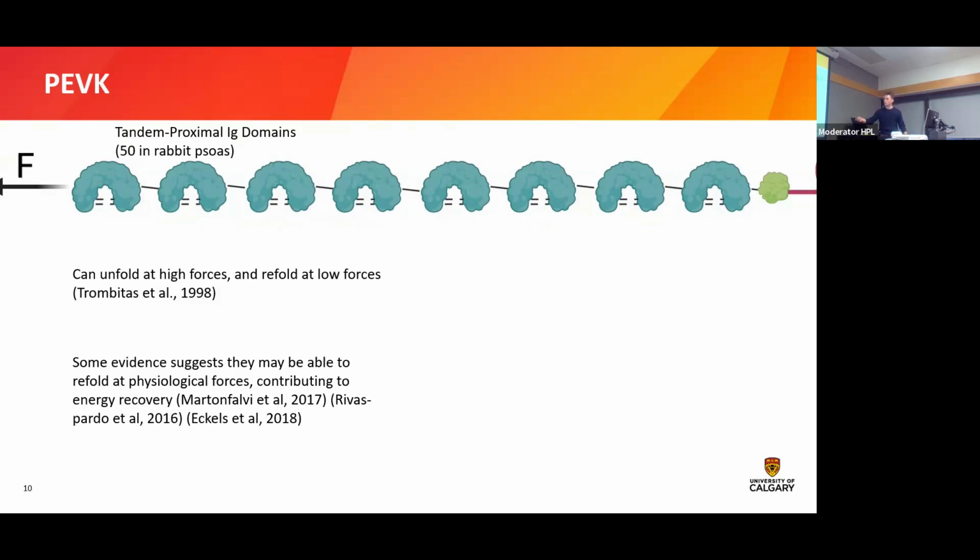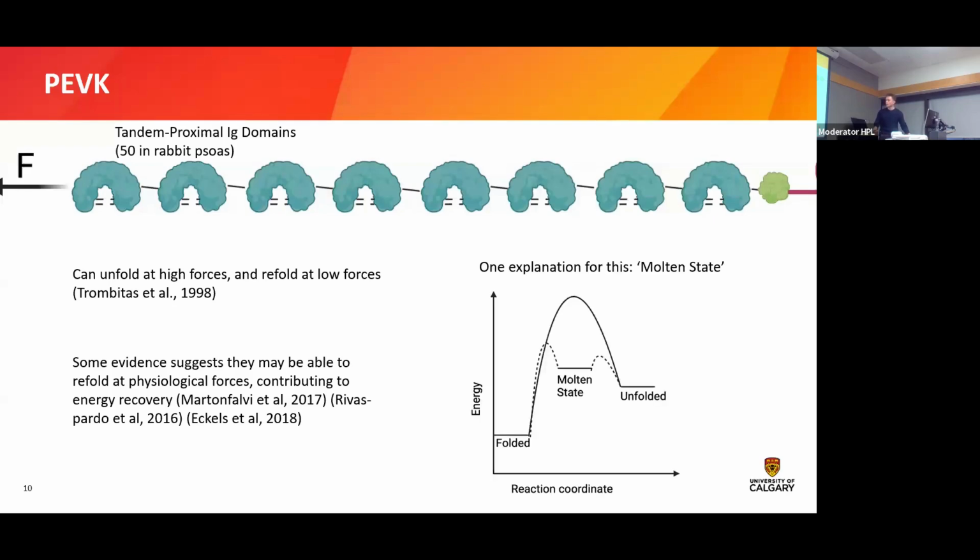The reason why this is important is because this might be an energy recovery mechanism where if we have any unfolded immunoglobulin domains, they can refold under force and recover some energy from your muscle, making your movement more efficient. The mechanism for why they're able to refold at physiological forces is something called the molten state. So this is the title, but I'll explain what this is.